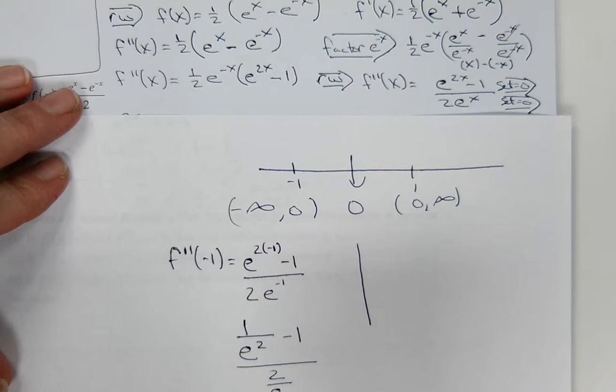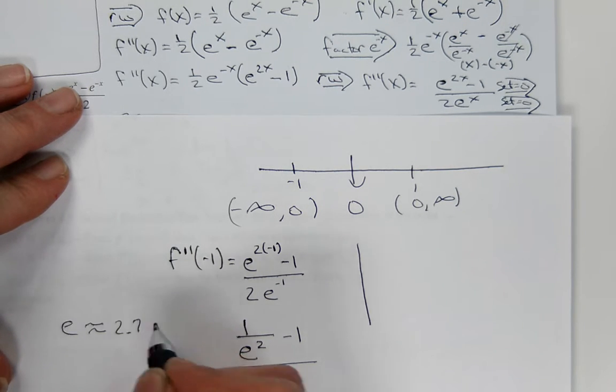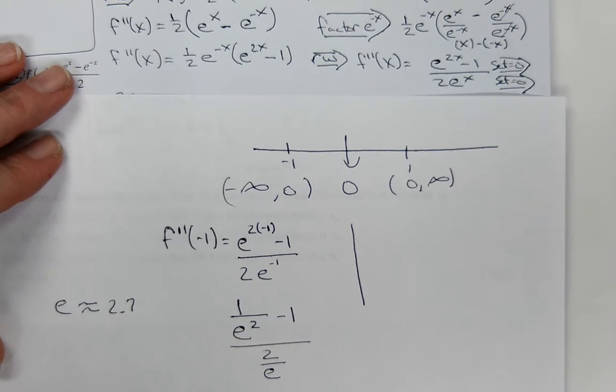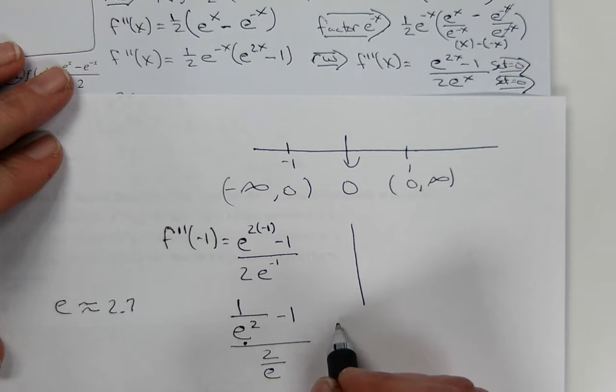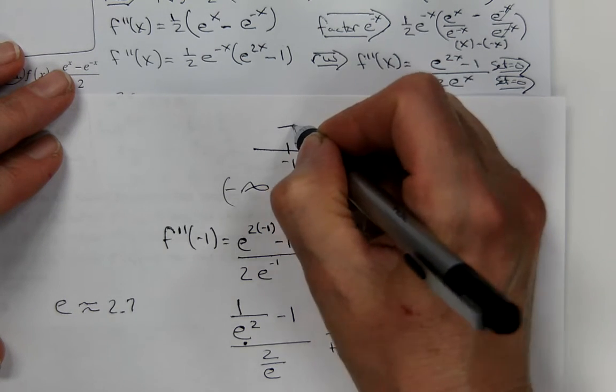Keep in mind that e is approximately 2.71. It's an irrational number. So let's just very roughly, because we only care about positive or negative, say about 3. So if I have 1 over 3 squared, about 1/9, minus 1, then my numerator is going to be negative. And if I have 2 over 3, my denominator is going to be positive. So for this interval, the second derivative is negative.